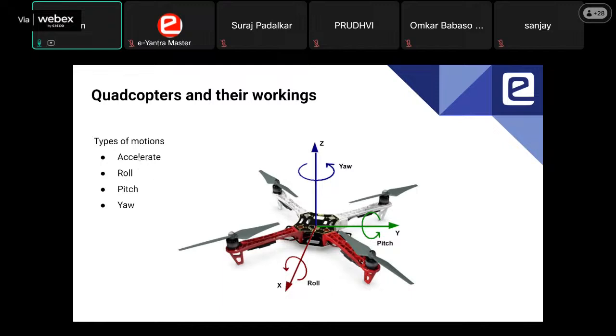So accelerate is a linear motion. The other three motions, roll, pitch, and yaw, are not linear motions; they are rotational motions. So if you consider this as the front of the drone and this as the back of the drone, pitch is when you rotate along this y-axis. When you pitch, the drone will go forward and the drone can go backward also.